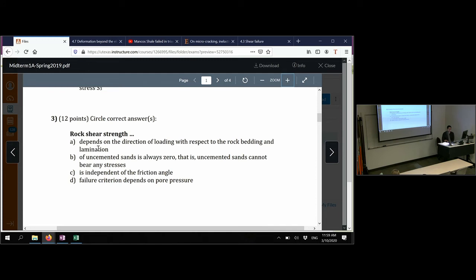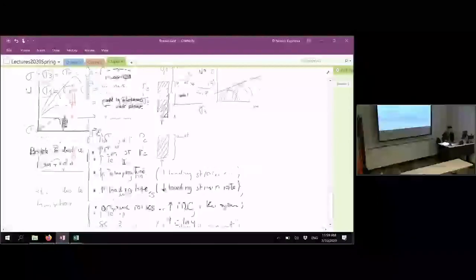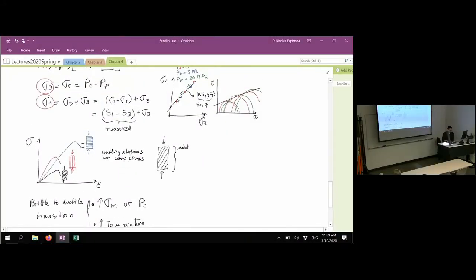What would you say to that, guys? This would be true, right? So you would circle that, because this is what we just have seen right here: depending on the direction of loading with respect to bedding, your maximum peak stress is going to be quite different.